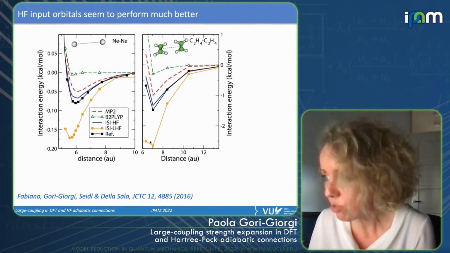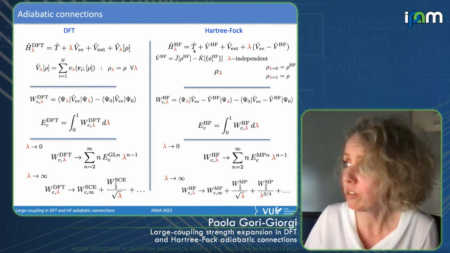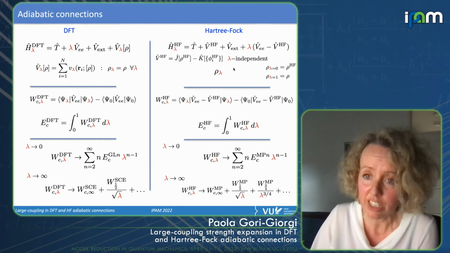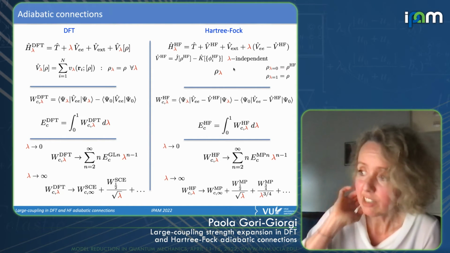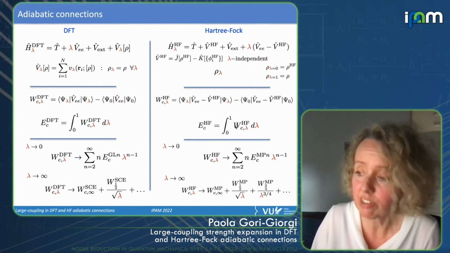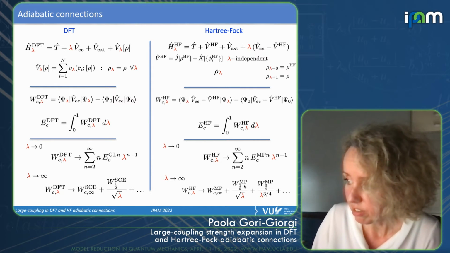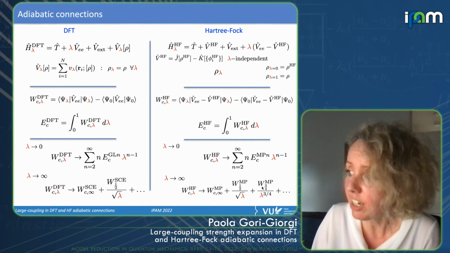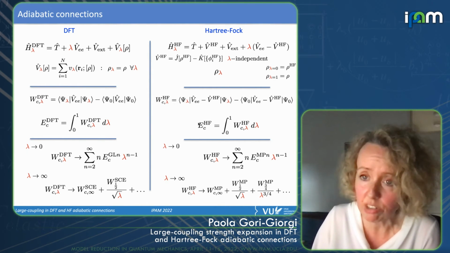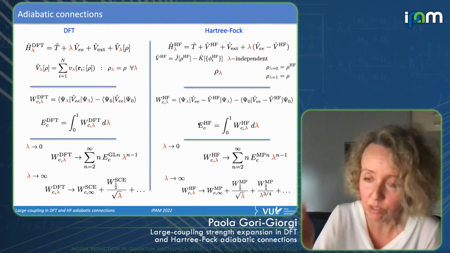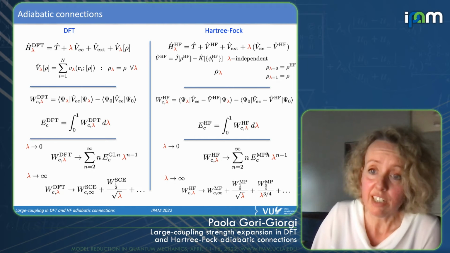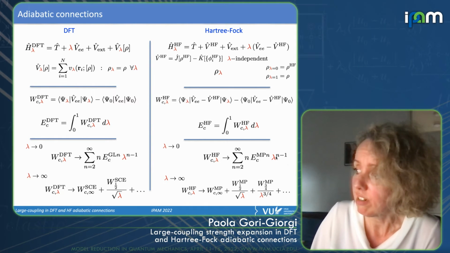So this is what actually motivated us to look at the Hartree-Fock adiabatic connection, because the idea was, if this works so well, why can't we even improve it if we study this kind of adiabatic connection, this kind of strong coupling limit, and then have directly a theory designed to give you the Hartree-Fock correlation energy, without having to do any self-consistent cycle, plus designed to work with the MP2.